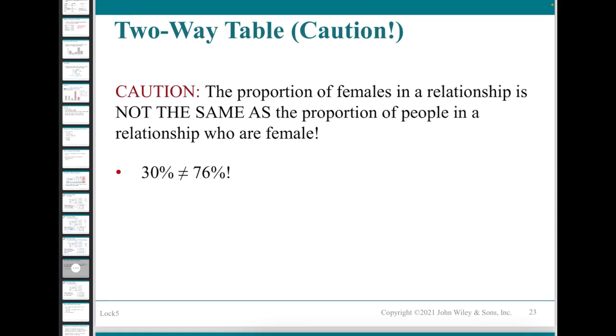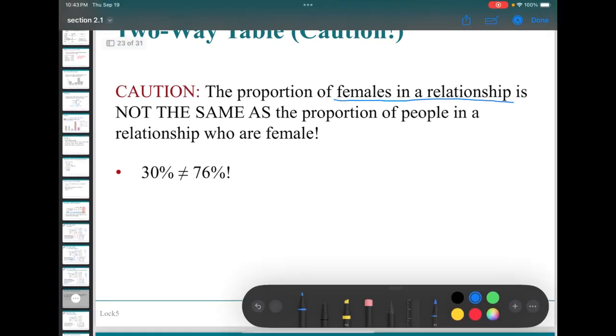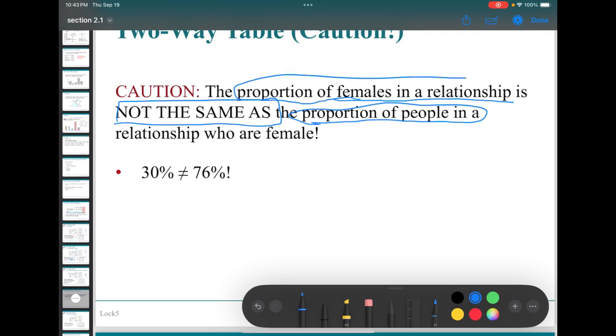Right. With two-way tables, there are a few things you should remember. If you noticed in our previous questions, the proportion of females in a relationship is not the same as the proportion of people in a relationship who are female. These two are different value-wise. It seems to be the same, but they are different.